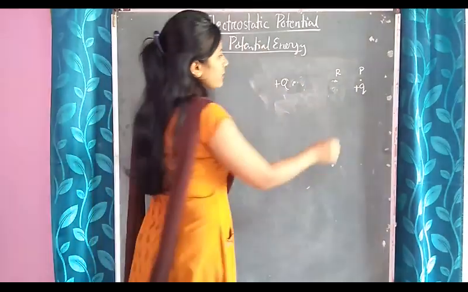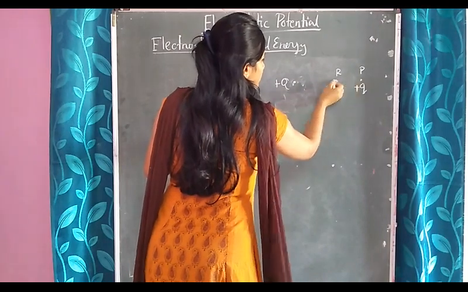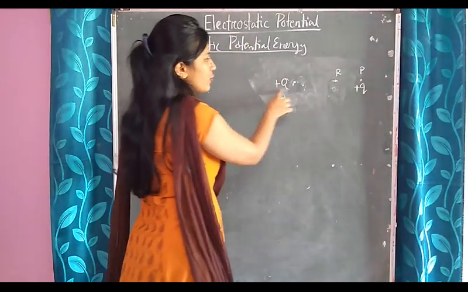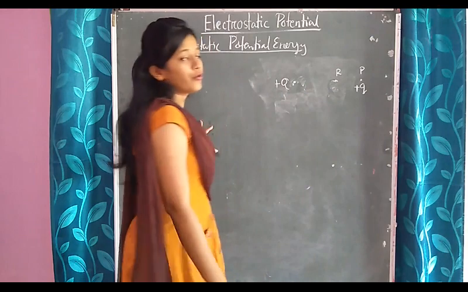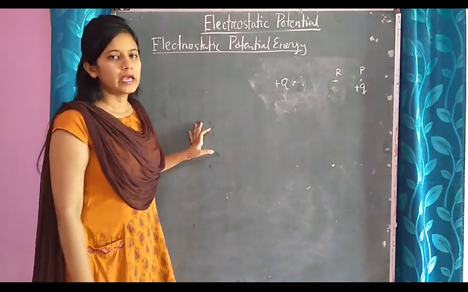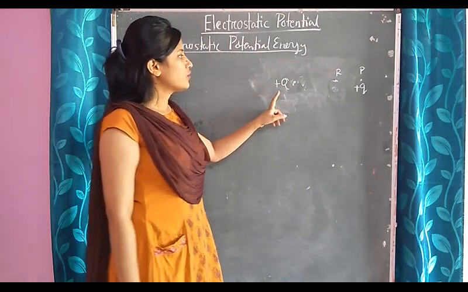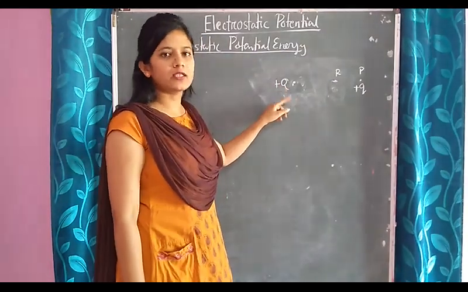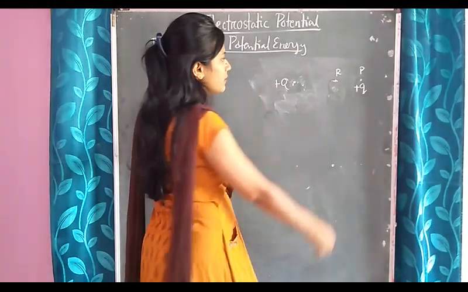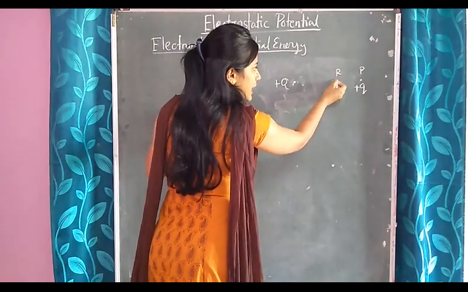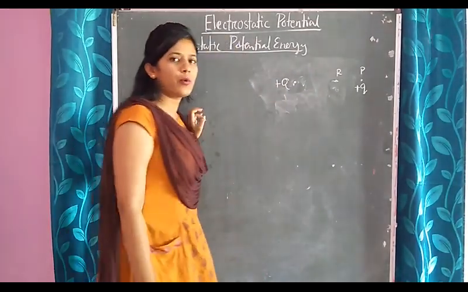Since we are bringing this from here to here and the force is repulsive, we have to do some work against this repulsive force, and the work done against it will be stored as energy at this point.